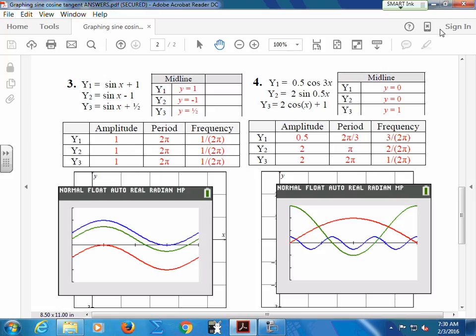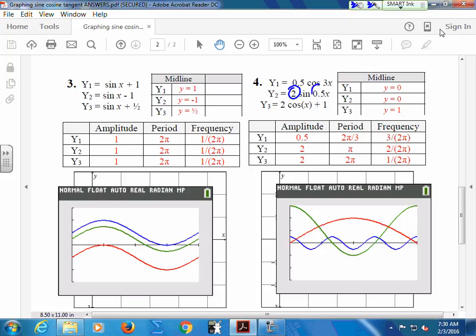For 4? Which one are you asking me? This curve here? This is probably a half a cycle, right? So which one had the half? Right there. Half a curve in 2 pi. And see, their amplitude went up to 2. Their amplitude on this one went to 2.